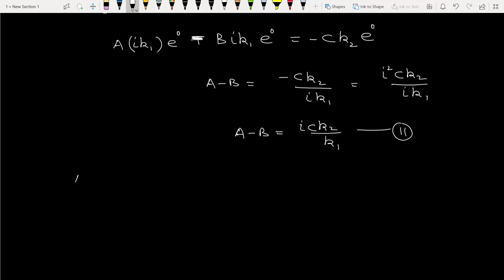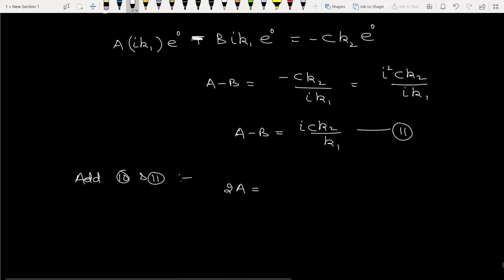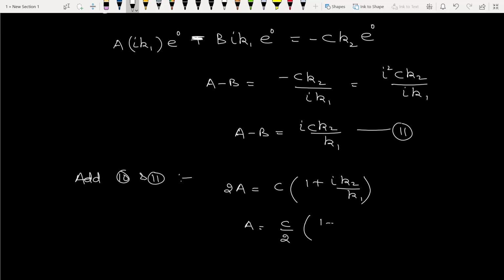So now add equation 10 and 11, and when we add we get 2a is equal to c common, 1 plus iota k2 by k1, and a is equal to c by 2, 1 plus iota k2 upon k1.